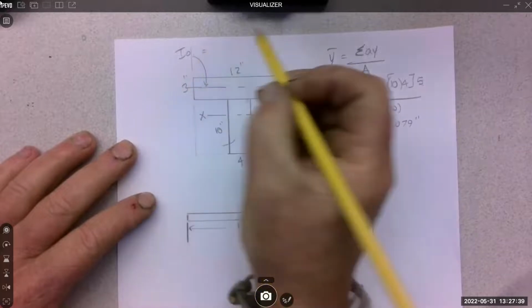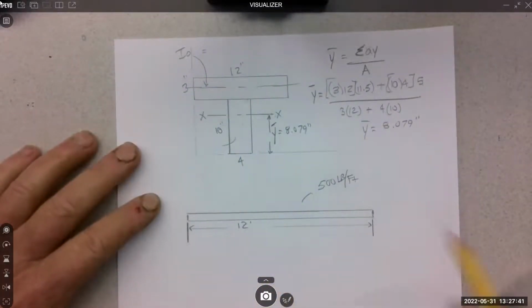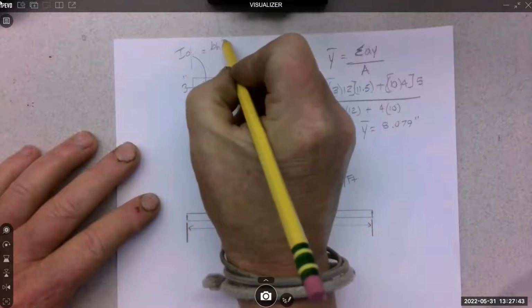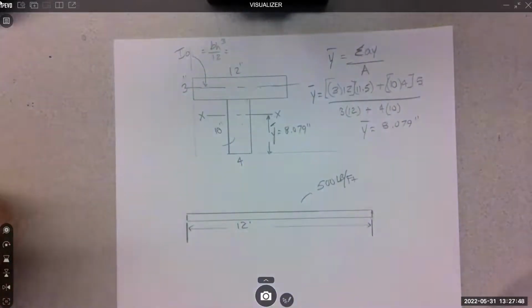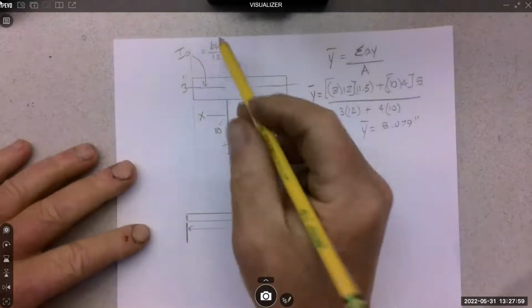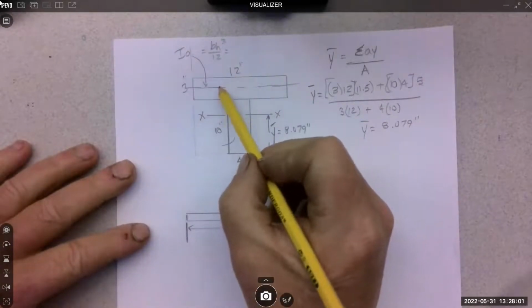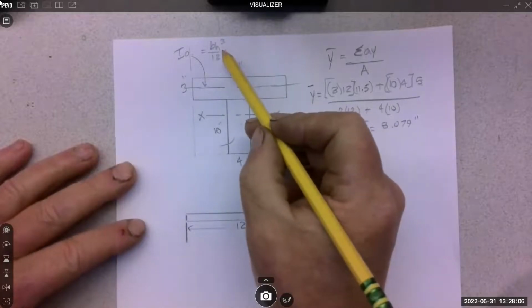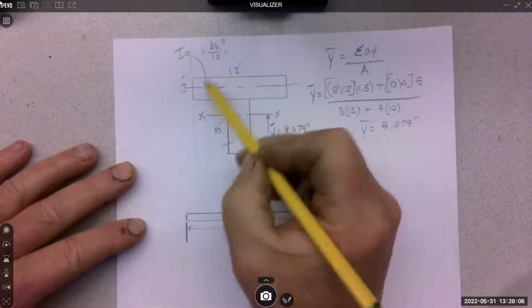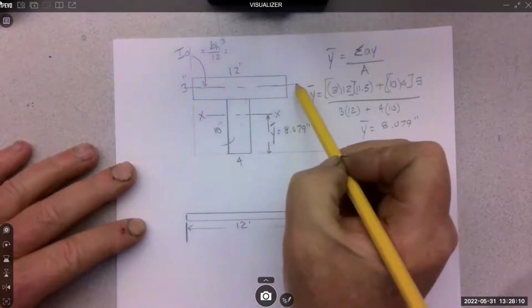So this one, and I have it memorized, but it's in the book. It's base height cubed over 12. That's a rectangle. And you can use that same formula for any rectangle in any position, because what gets cubed is the height, right? Each time. So, but that gives us inertia here. To get it here, we have to transfer it. So the first step is just to find these original inertias about their own axis.